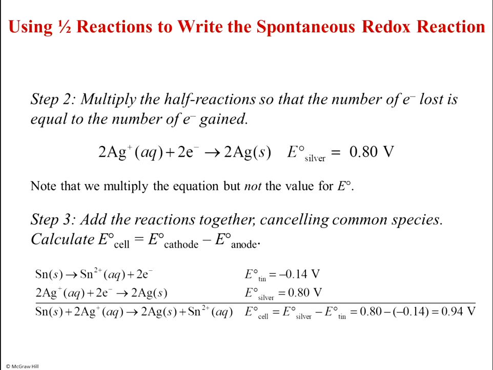That is taking tin metal reacting with 2 moles of silver ion to produce 2 moles of silver metal and 1 mole of tin 2 ions. This is the spontaneous redox reaction. If we were to reverse the reaction, the voltage would reverse and we would have the electrolytic cell.